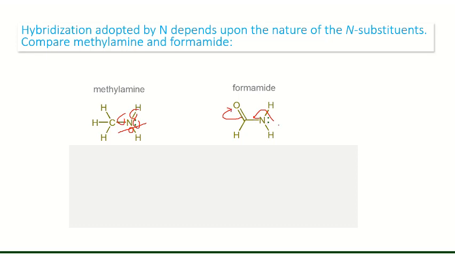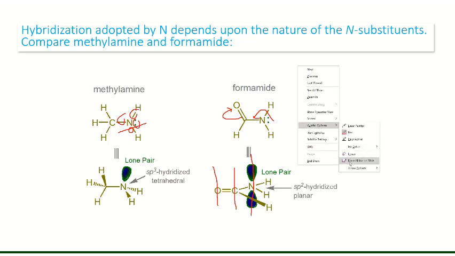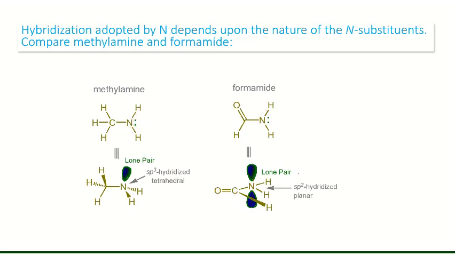It's more stable for that lone pair to adopt a p orbital perpendicular to the plane of the molecule, where the nitrogen is sp2 hybridized. So you can see that these also have p orbitals perpendicular to the plane of the molecule.